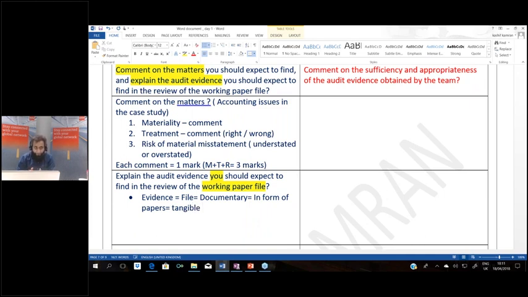Obviously, if you visualize a file in front of you, the file contains something in documentary form, in the form of papers, black and white. Papers are tangible. So what is the form of the evidence? The form of the evidence is documentary. The form of the evidence is tangible. The form of the evidence is papers.